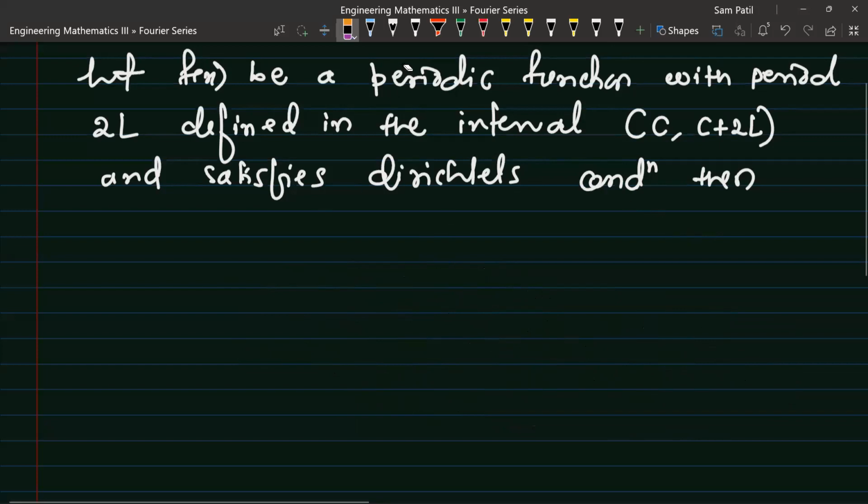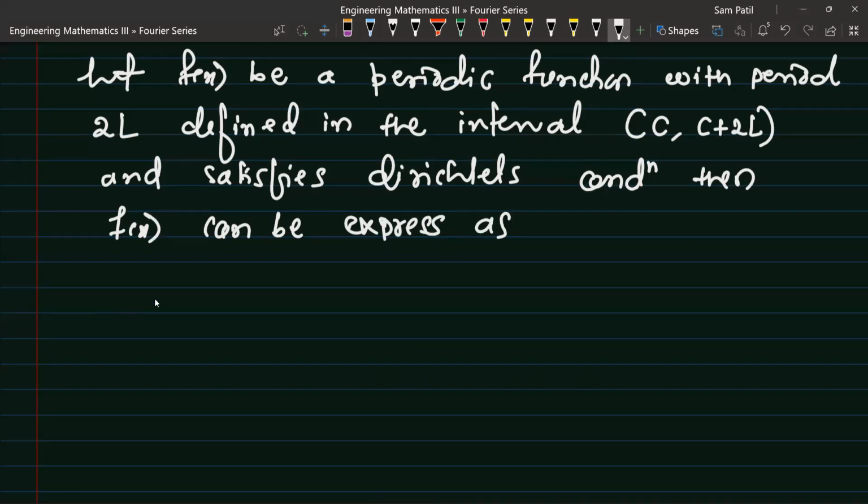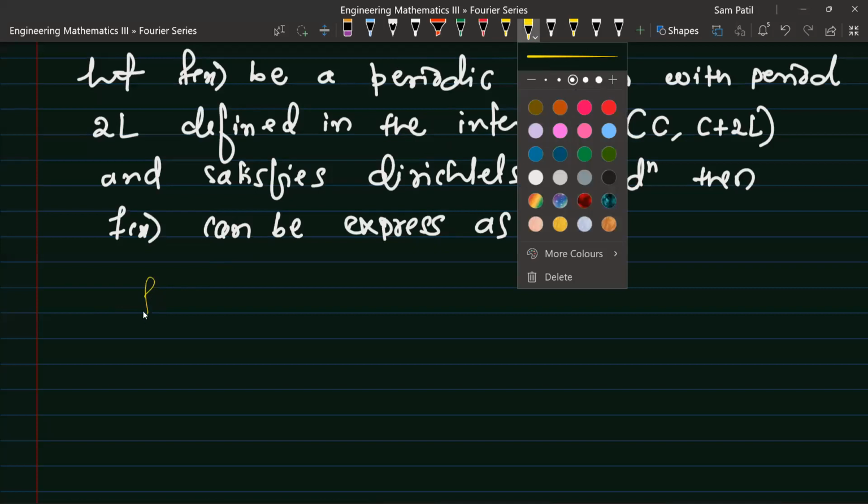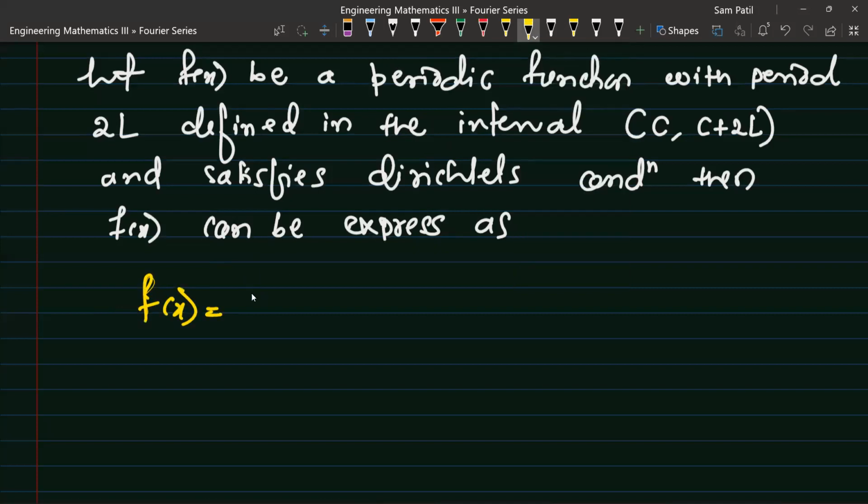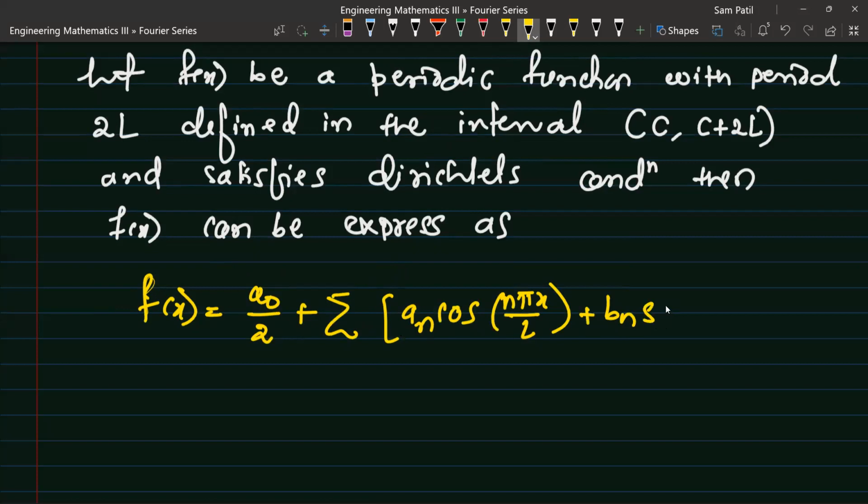Then the Fourier series expansion of f(x): f(x) can be expressed as f(x) is equal to a naught upon 2, I will come to what this a naught is later, plus the summation of an cos of n pi x upon L plus bn sine of n pi x upon L, n from 1 to infinity. This is the definition of the Fourier series expansion.